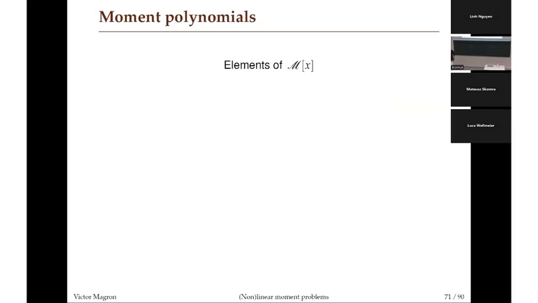Okay, so how do we deal with these nonlinear problems? Well, we introduce a new class of polynomials, called moment polynomials. The variables are the usual variables that we use for classical polynomials, x1 to xn, but the coefficients are more complicated. The coefficients are a so-called combination of formal moments.